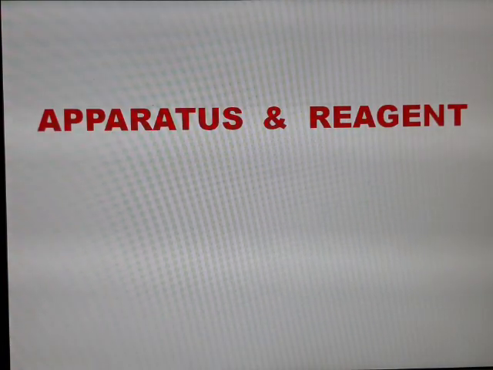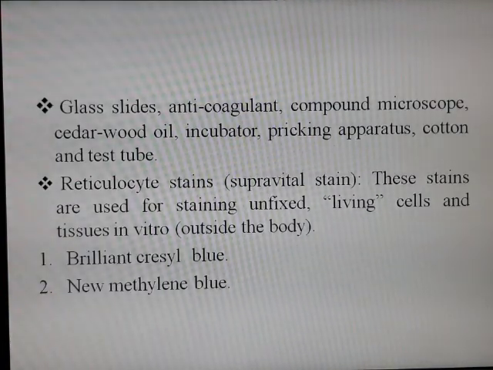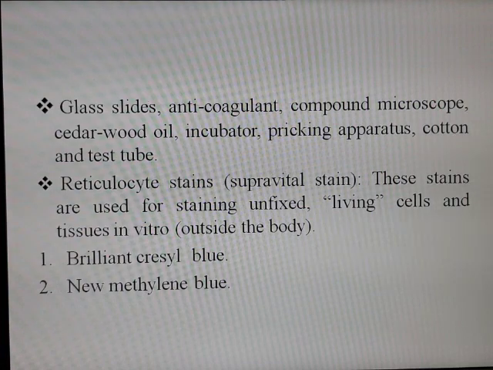So apparatus and reagent. We need glass slides. The glass slides should be very well cleaned and dust free. The edges should be intact, and there should not be any kind of breakage.